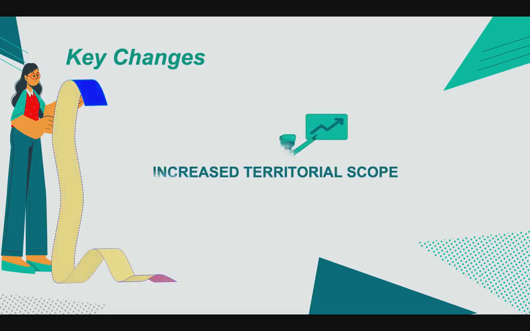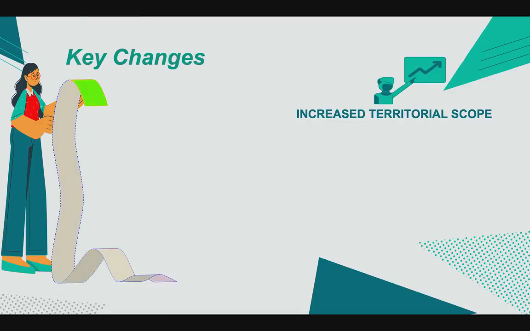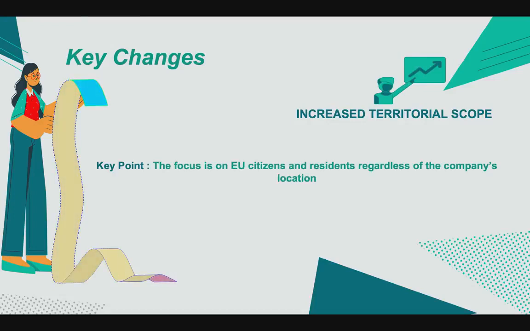GDPR regulation will be applied to all the companies processing the personal data of data subjects residing in the European Union, regardless of the company's location. This law of GDPR has made it irrelevant what the location of the company is. Nobody, when operating in European Union, is exempt from the rules of GDPR.